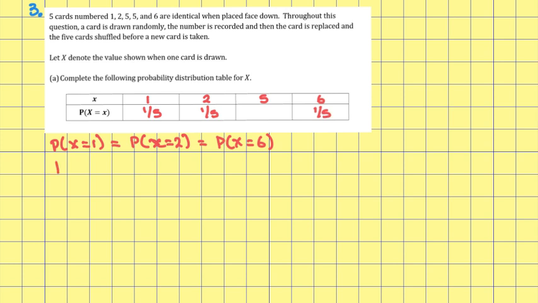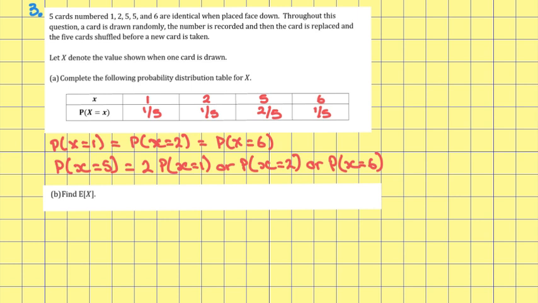The probability that X equals 5 is twice the probability that X equals 1, or the probability that X equals 2, or the probability that X equals 6. So the probability of 5 is 2/5.